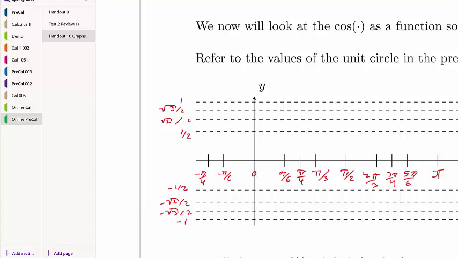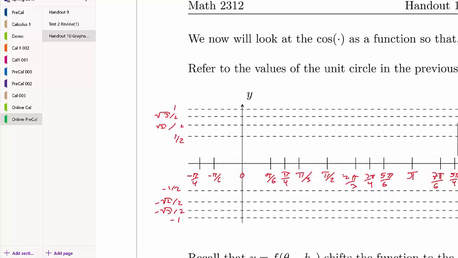Alright, so cosine of 0. What is cosine of 0? If you refer to your unit circle, you see that the x-coordinate when the angle is 0 is going to be positive 1. And then at pi over 6, it's going to be root 3 over 2, and then root 2 over 2, and so on and so forth.